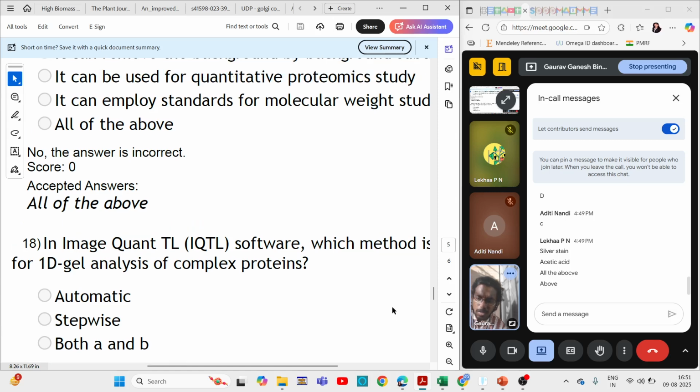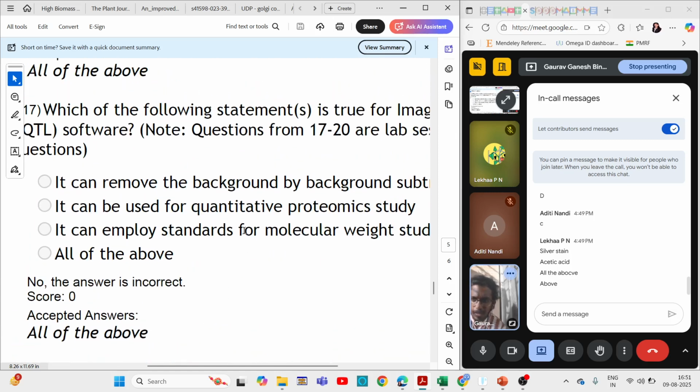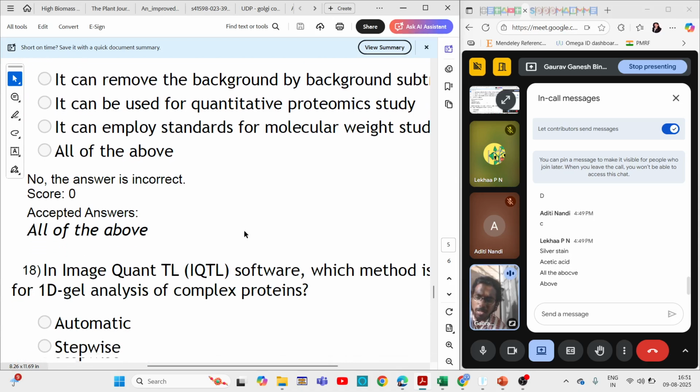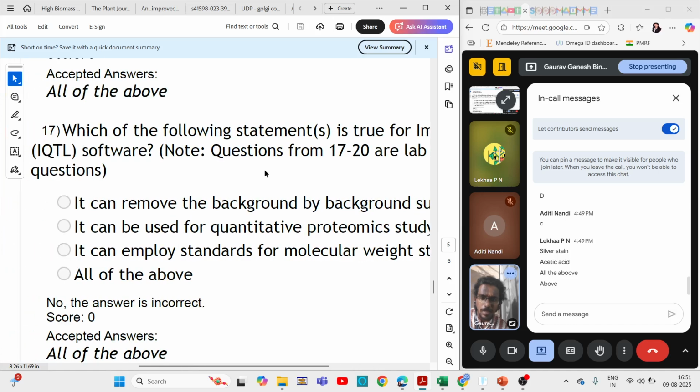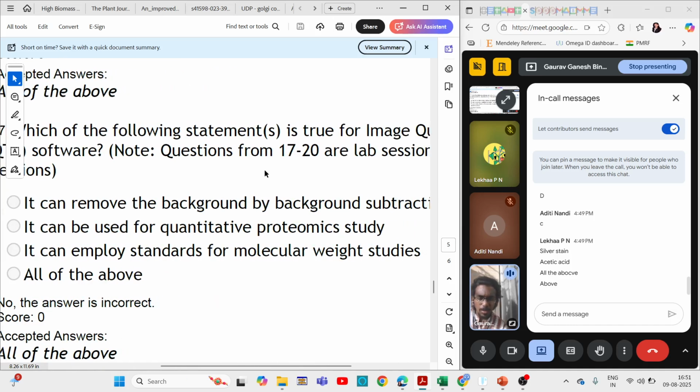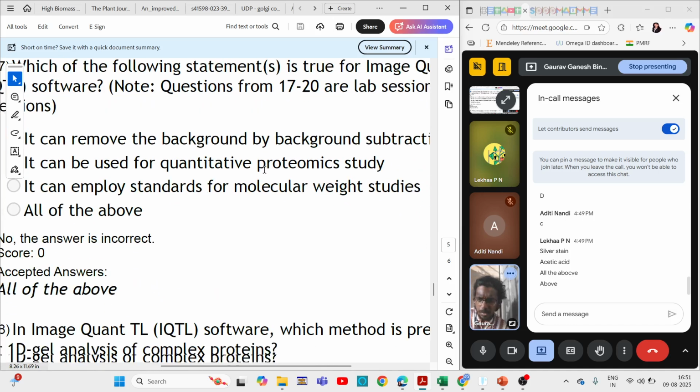So I think these questions are about the software we are not looking at. There was a lecture by one of the sirs in the third or fourth lecture of this week. You can go through the final 10 or 15 minutes where sir discussed this software, ImageQuant TL.